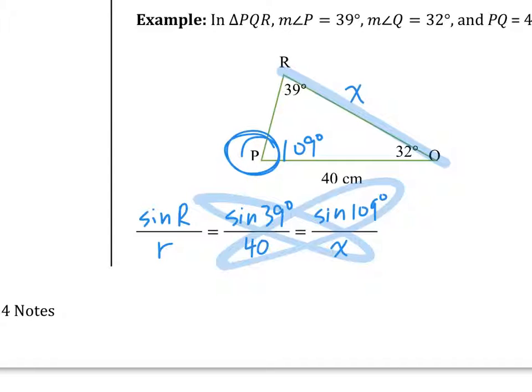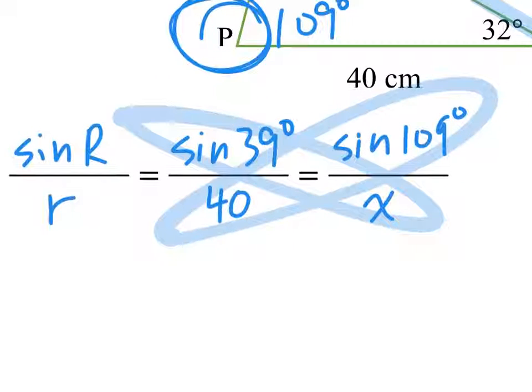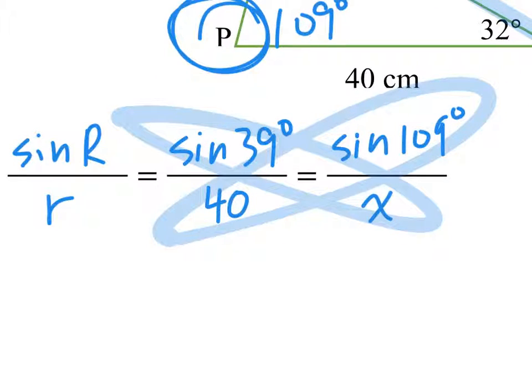When you write it, sine 39 times x, we usually don't put sine 39 and then x because it's very confusing. Is x inside or is x outside? So we always write the variable outside. Because if you put x there, it's not clear whether it is inside the sine or outside the sine. So don't do that. So 40 goes outside as well.